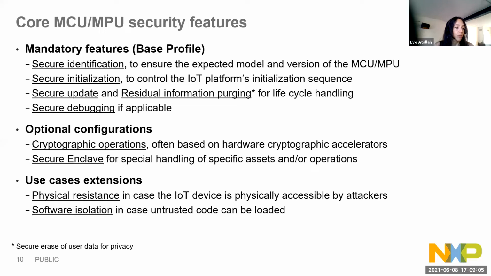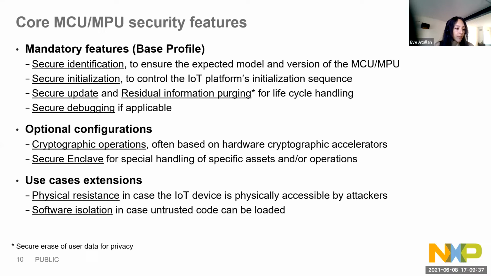The first one, the secure identification, is a base requirement in security assessment in general to ensure that the customer cannot be fooled about the product he's buying and has in his hands. The secure initialization then, which is basically the secure boot, is of course fundamental to ensure that the firmware running is the expected one, is in its expected version and has not been modified.